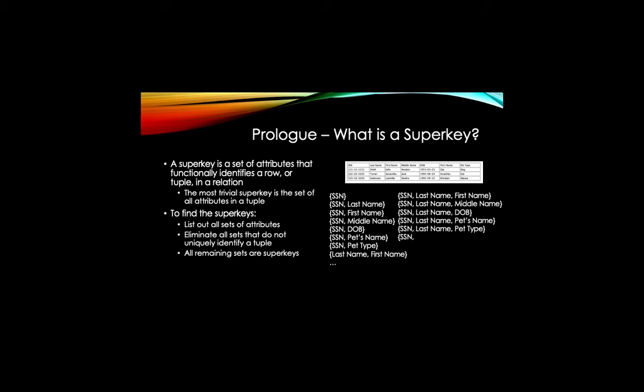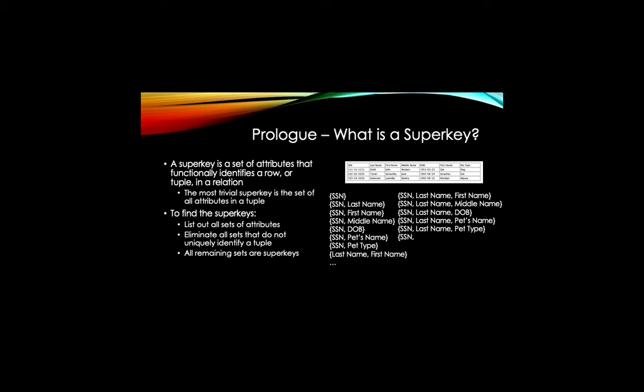Pet type, if only one person on the planet had an alpaca and only one had a cat and only one had a dog, would probably be a decent, unique, functional map, but that's not true either. So other than social security number in this case, we can logically just eliminate everything by itself. Then we start to get into more detailed versions.